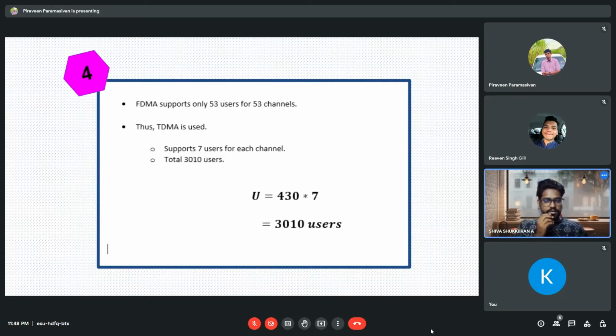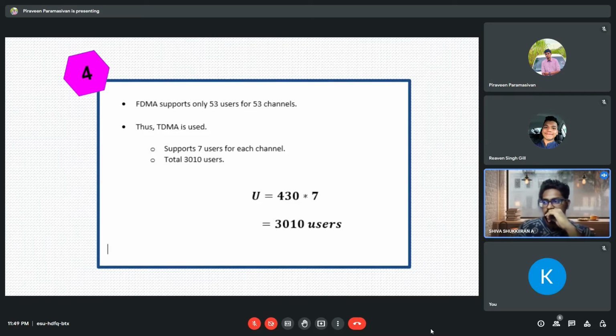Next. As we all know, we are using FDMA, which supports 53 users for 53 channels. And thus the amount of population couldn't be supported by the FDMA system. So we improvise and change to a different multiple access, which is TDMA.